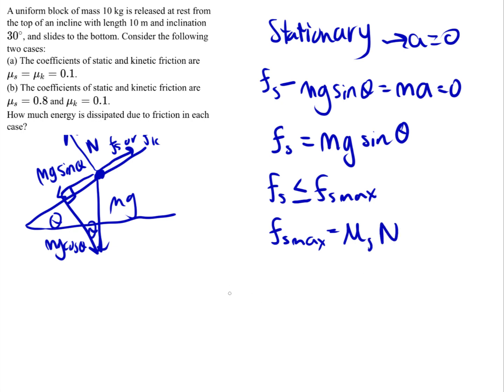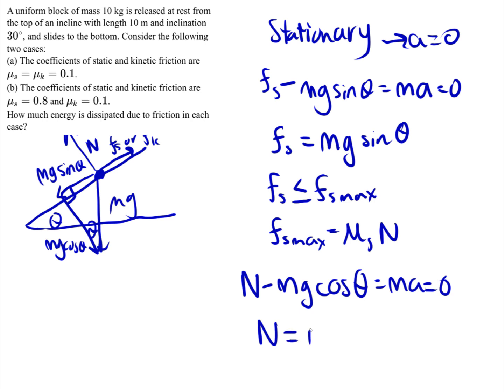And to figure out the normal force, we simply apply Newton's second law again, this time in the y direction, or the direction perpendicular to the surface of the incline. So we get the normal force minus mg cosine theta, the component of gravity perpendicular to the incline surface, must equal ma, which is 0. Again, the block is stationary. So the normal force is equal to mg cosine theta.